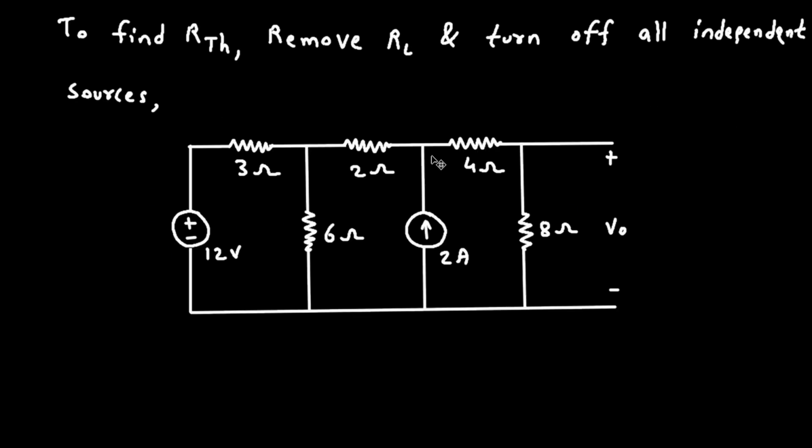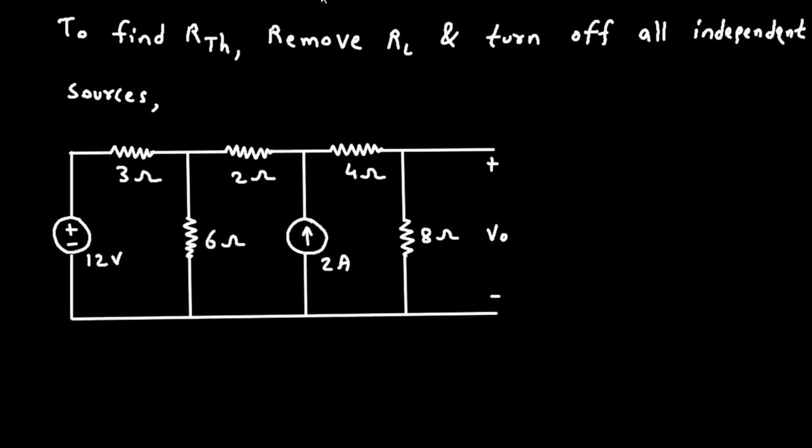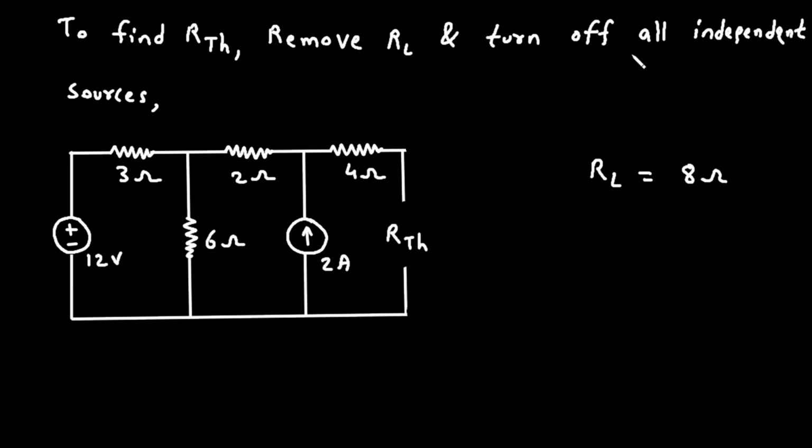Now here in this circuit, this is the load resistor RL. Here we can write RL is equal to 8 ohm. So let's remove this RL. Now here this will be our Thevenin's resistance RTH, and we have to turn off all the independent sources.